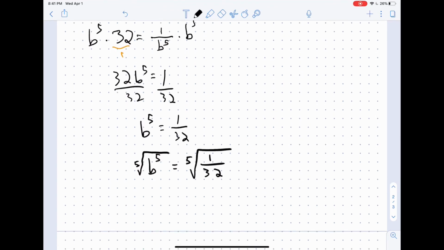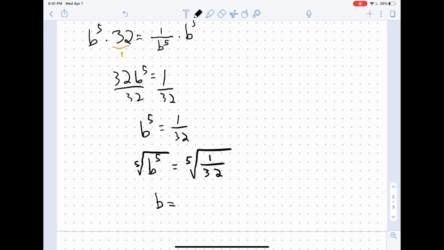That rule that they cancel out works just fine if the power is an odd number. And if it's an even number, then it works provided the number inside, that b, is a positive number. And we know b is positive. So canceling on the left, we get just b. And on the right, we have the 5th root of 1 over 32.